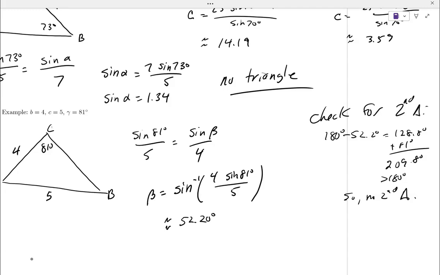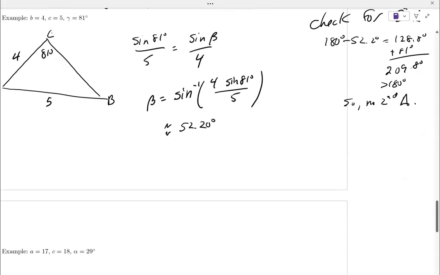All right, now we've found, what? We know B is not 5, B is 4. We know C, we know gamma, we found beta. We need to know A and alpha.